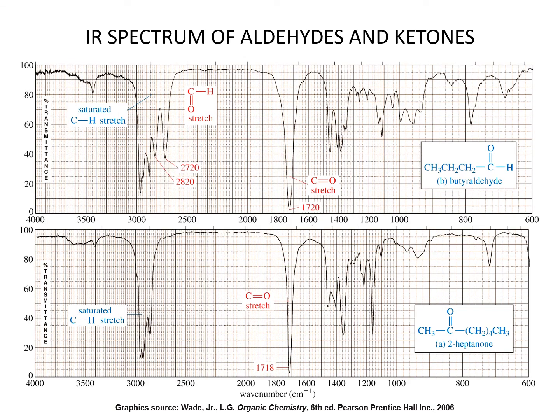Let's see butyraldehyde and 2-heptanone. In the above aldehyde example, you can see the CH stretch appearing, whereas in the one below there is no CH stretch appearing, right?